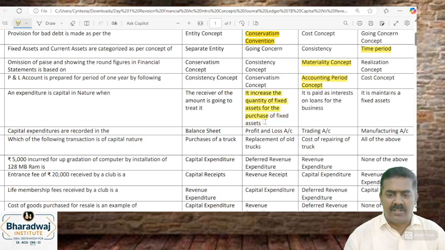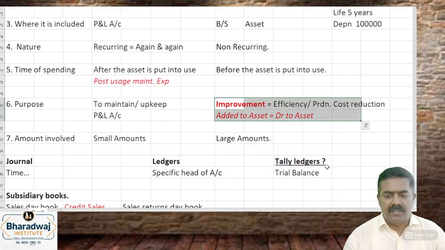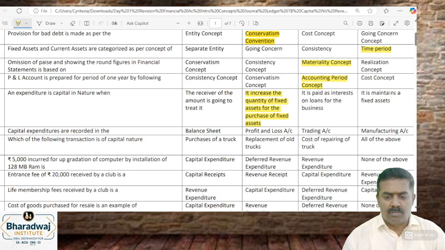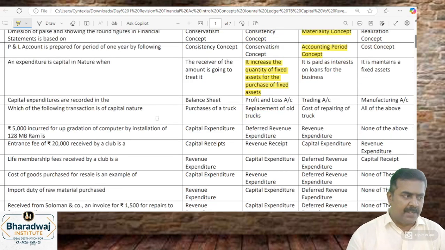Increasing the quantity of fixed assets. It will increase. When you purchase more assets, more quantity of assets will come. It will result in improvement. That's capital expenditure. Capital expenditures are recorded in the balance sheet.